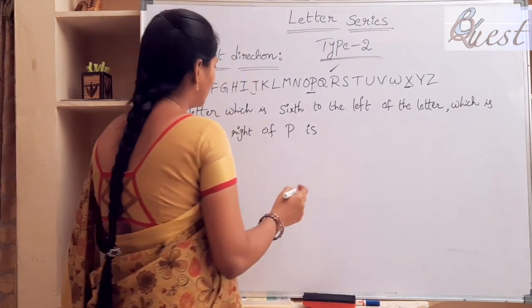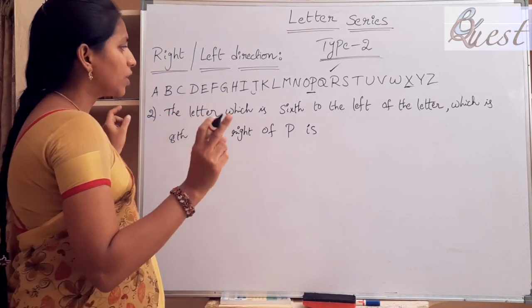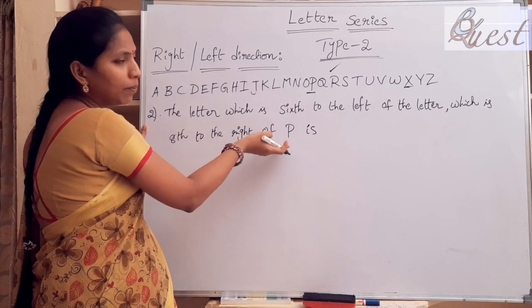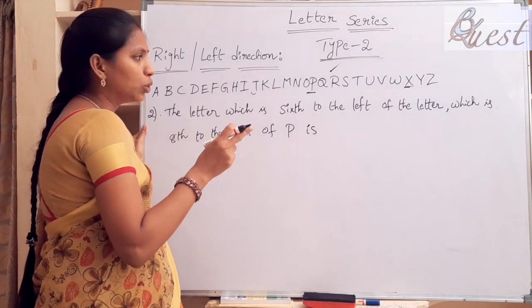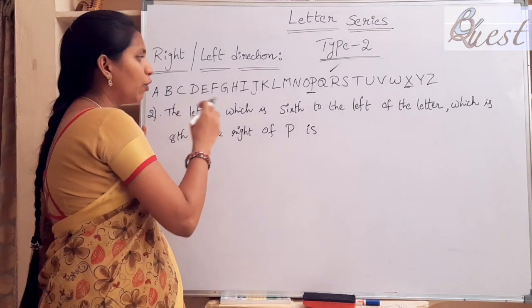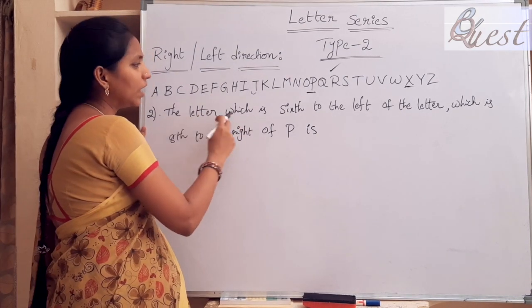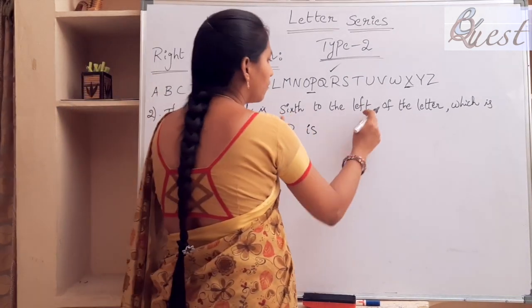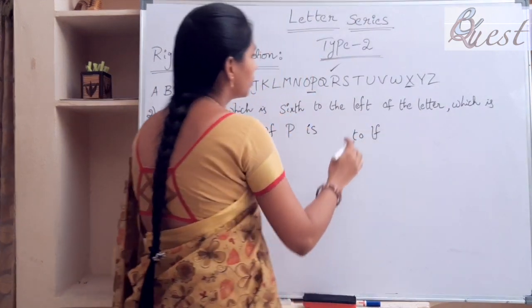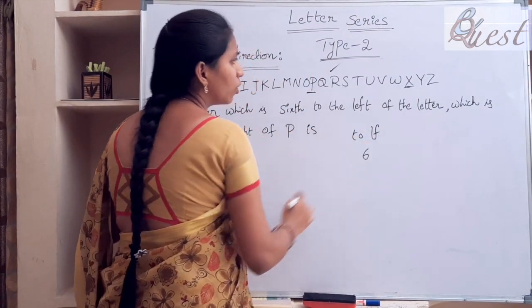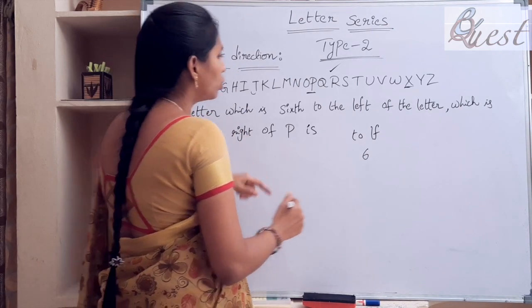Now method 2. In the first method, you have to take from the second part of the question. But in method 2, directly follow from the starting. The letter which is 6th to the left, right directions. To left, 6th to the left of the letter, and which is 8th to the right.